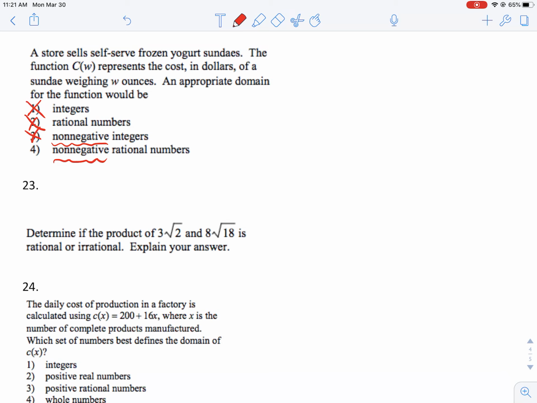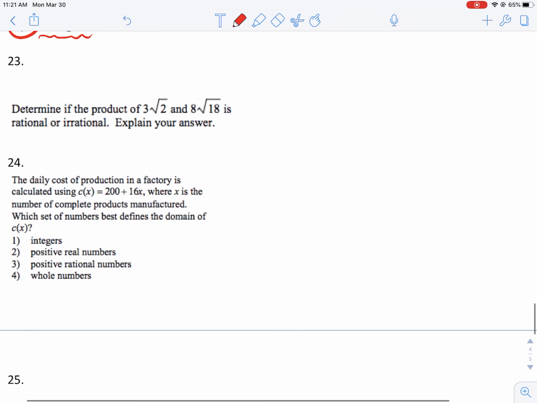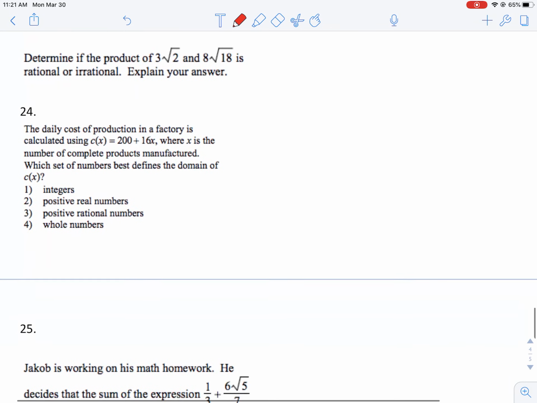When you're weighing the meat, it's not always exact, okay? We're not perfect, okay? So non-negative integers would have to be out and it'd be non-negative rational numbers because we want to include decimal numbers as well when we're talking about weighing the frozen yogurt. Okay? So non-negative rational numbers is the correct answer for 22.